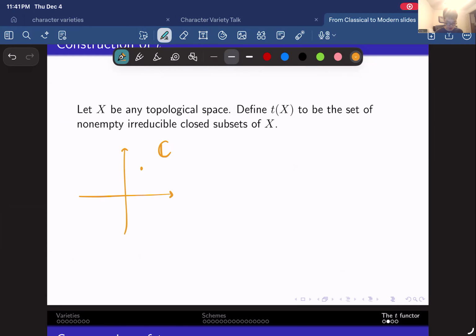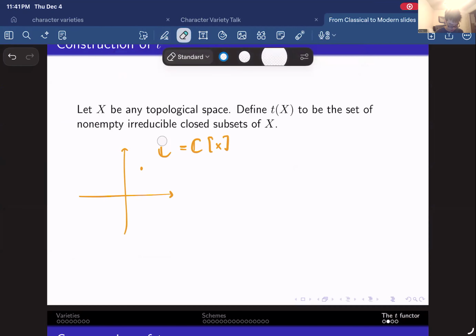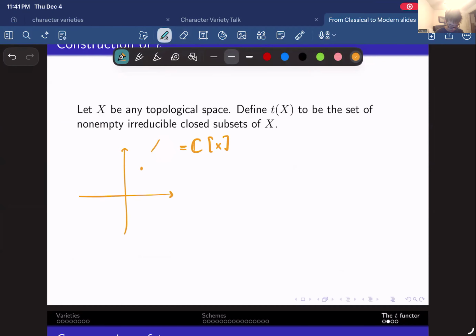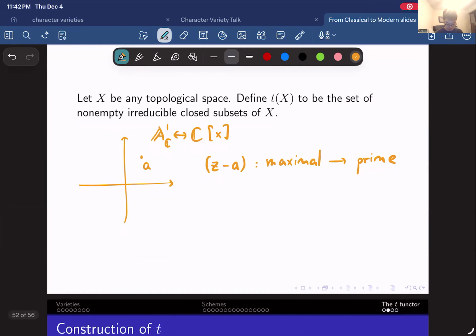Points in C correspond to the coordinate ring C[x], so affine one-space corresponds to this coordinate ring. A point here, let's call it a, corresponds to the maximal ideal (z - a). This is a maximal ideal, and all maximal ideals are prime. And in the world of Spec, we consider Spec of C[x].